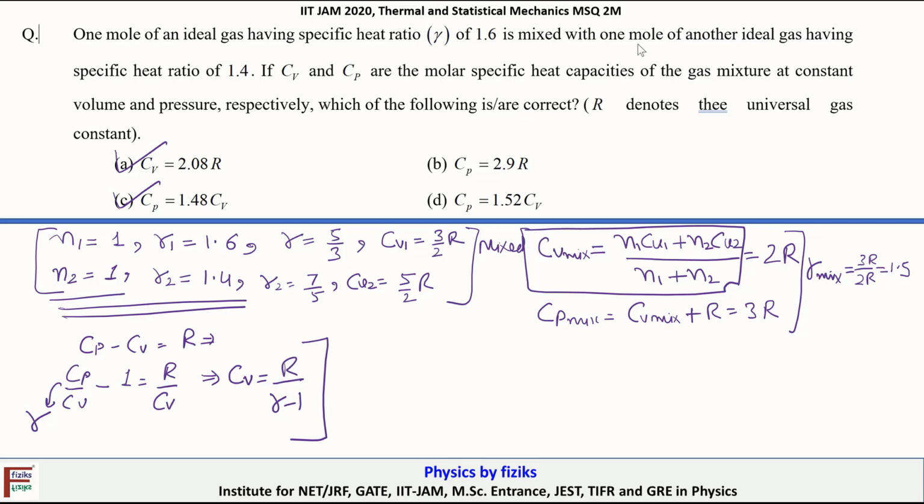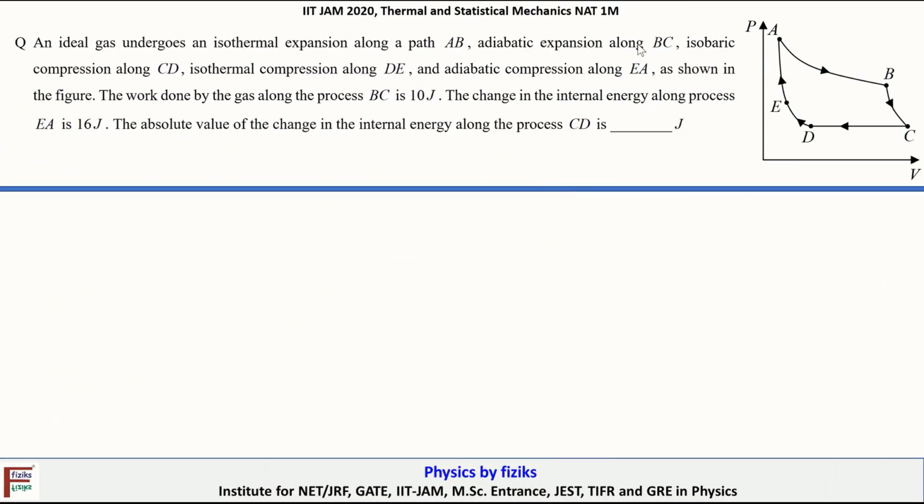In the first approach we obtained the gamma of the mixture as 1.5, which is almost close to 1.48 if you approximate to the first decimal place. And Cv for the mixture was 2R basically, whereas by the exact approach we obtained 2.08 R. Therefore options A and C are correct.